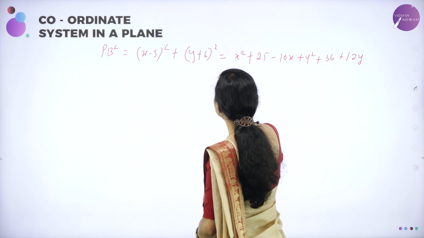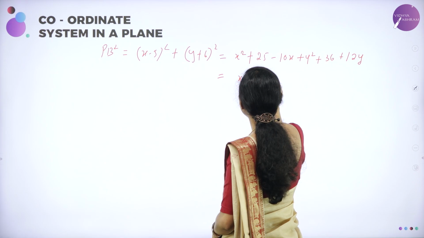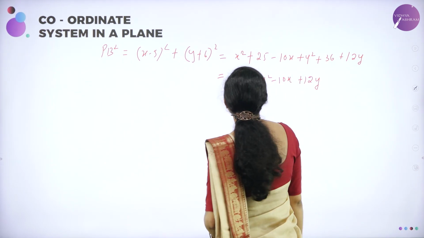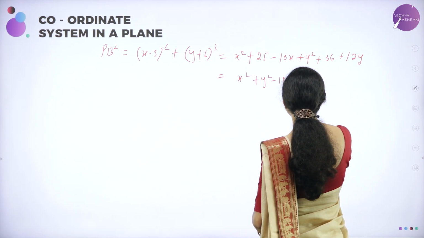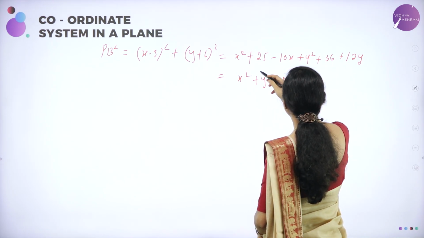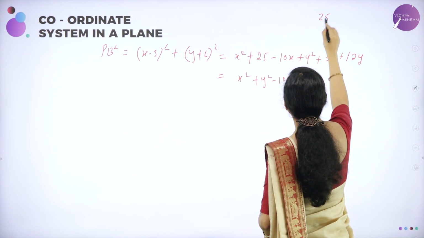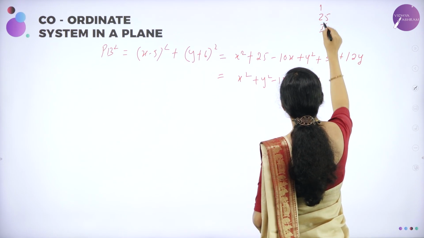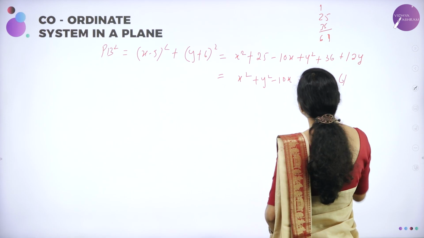So the answer is x squared plus y squared minus 10x plus 12y plus 25 plus 36, which is 61.